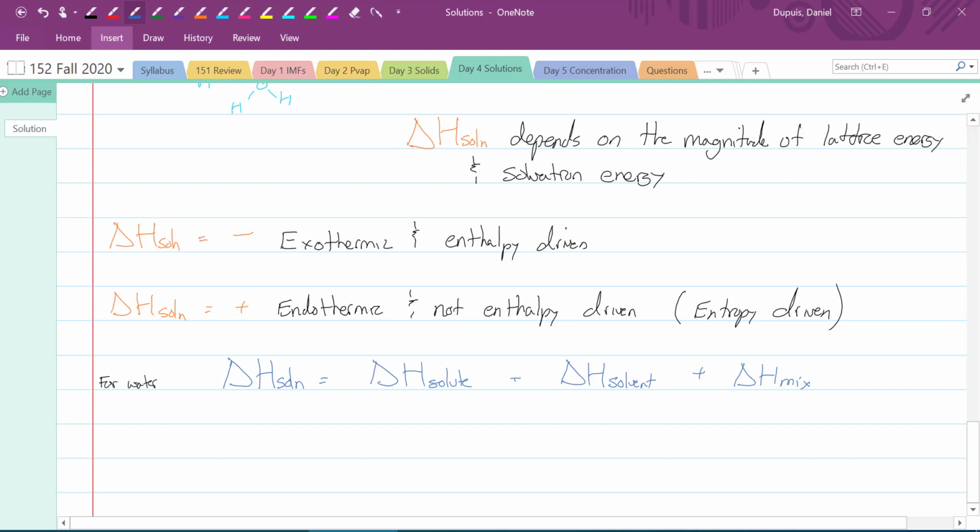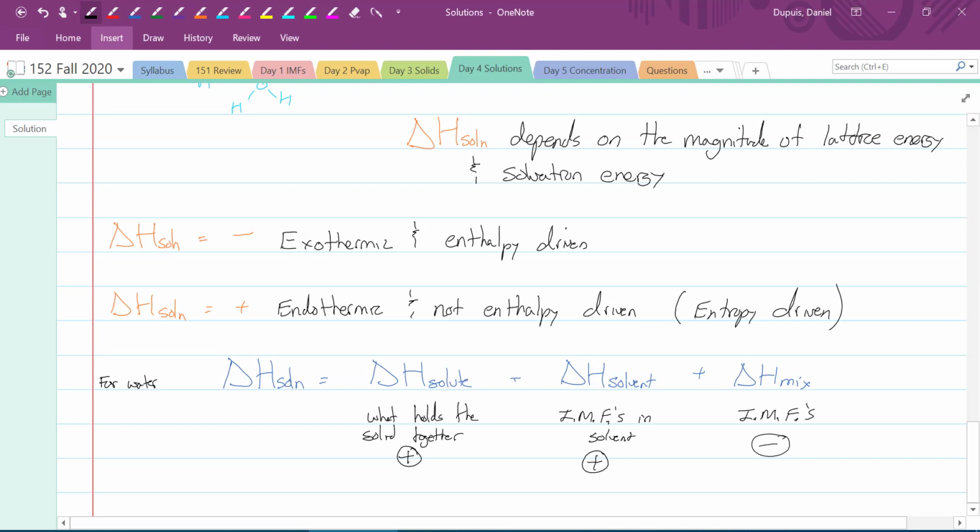The solute is what holds the solid together, and that's usually going to be a positive number. The solvent, that's intermolecular forces in the solvent, and breaking those up usually requires energy. And then mixing also has to do with intermolecular forces, and that's usually negative.